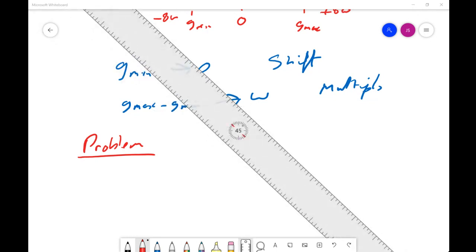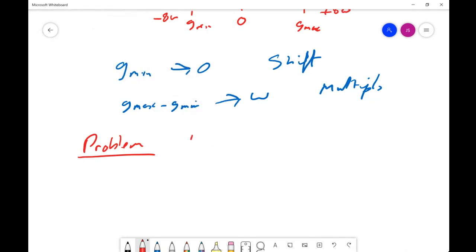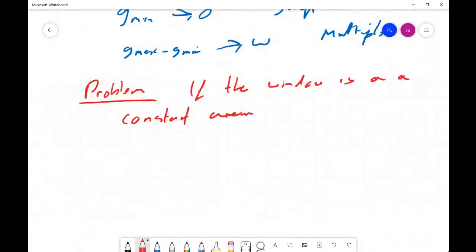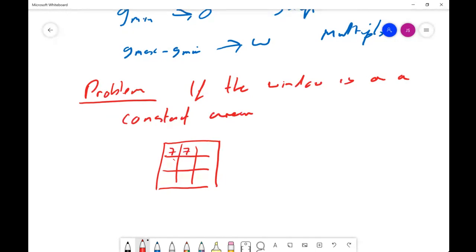And that is if the window is on a constant area of intensity, for example, if the image is all 7s, intensity 7, grayish, then applying the filter, the output pixel will be 0, black.